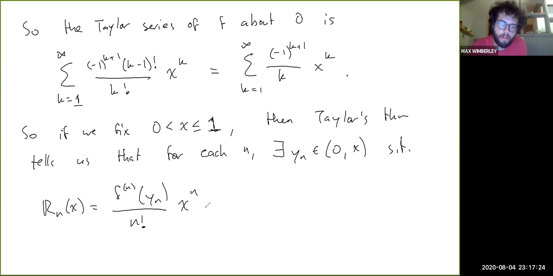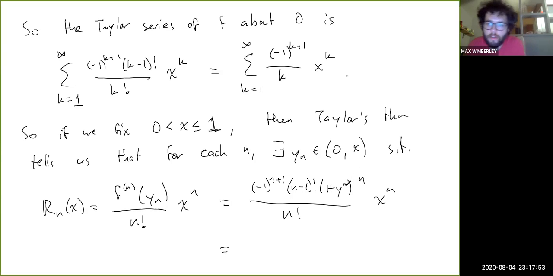So now Fn of yn is just going to be, this is negative, right? We can use the formula. So this is -1 to the n plus 1, n minus 1 factorial, 1 plus yn to the negative n over n factorial, x to the n.